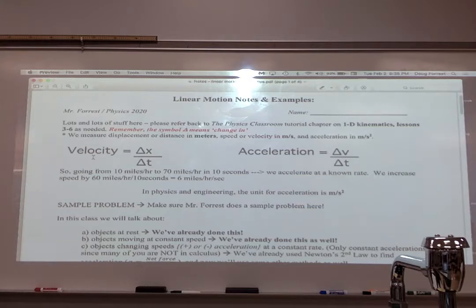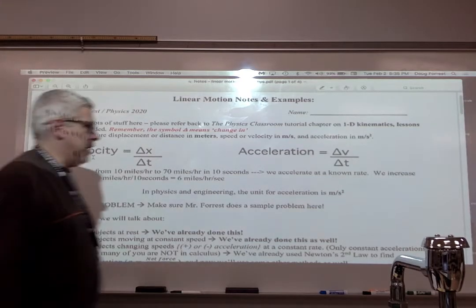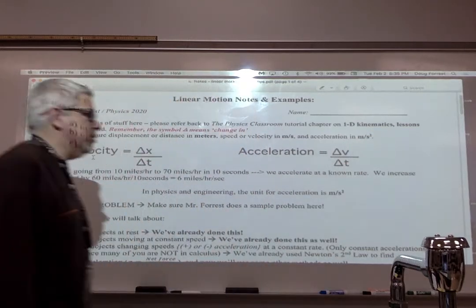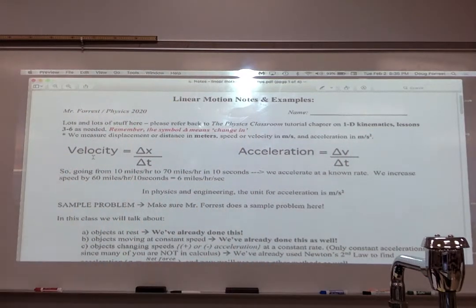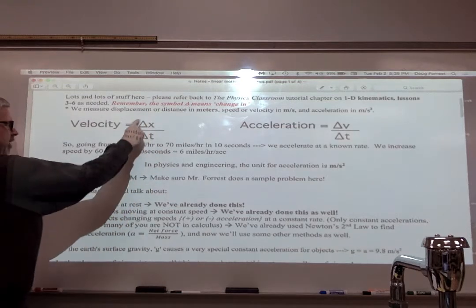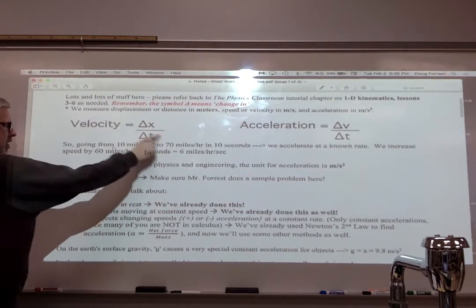We typically measure displacement or distance in meters and speed or velocity in meters per second. And in science world, we measure acceleration in meters per second per second. So with this, we already know some of these things from things we've done with our graphs. So for example, if we take a position time graph and we look at the slope of that, that's the change in position over a time interval.